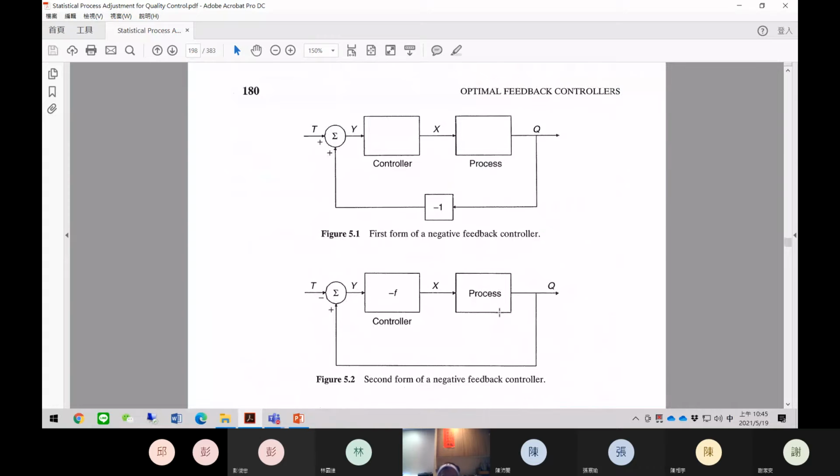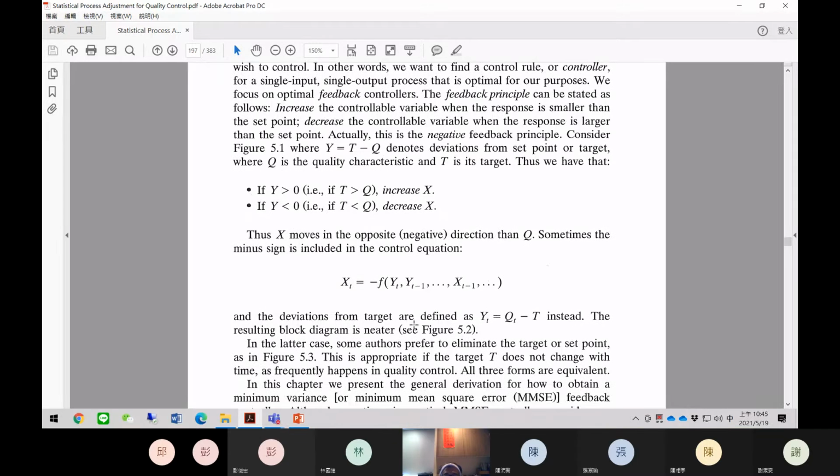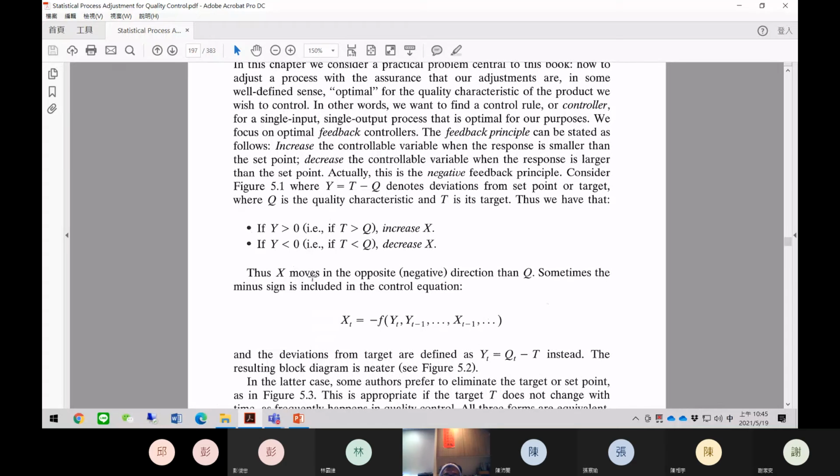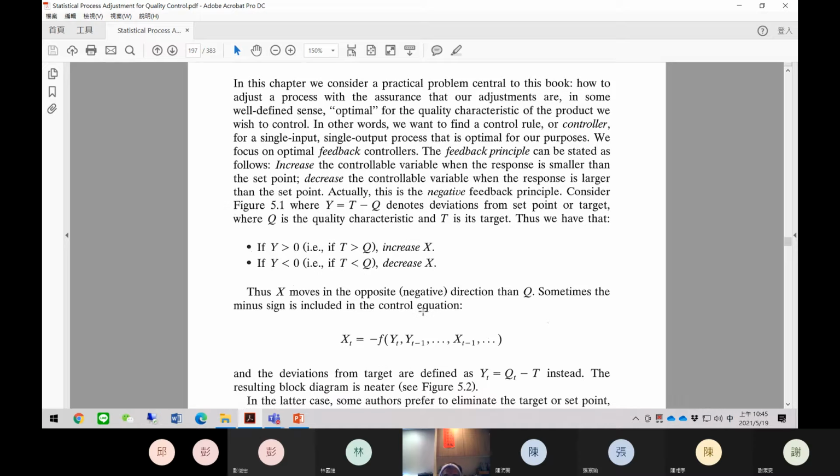So the controller, this is a Q as well, and target is Q minus T right here. So put a negative here. So actually, this is the negative feedback principle in here. This is YT, minus Q, the deviation T minus Q.